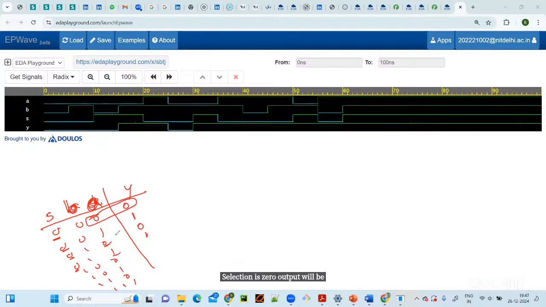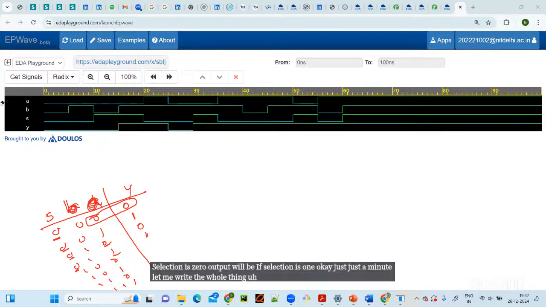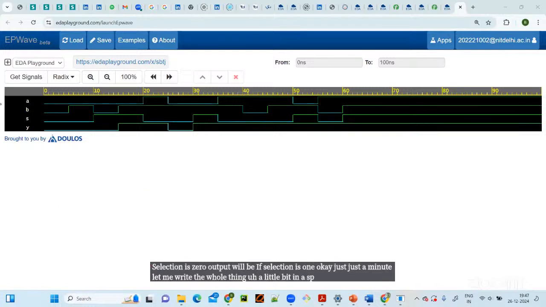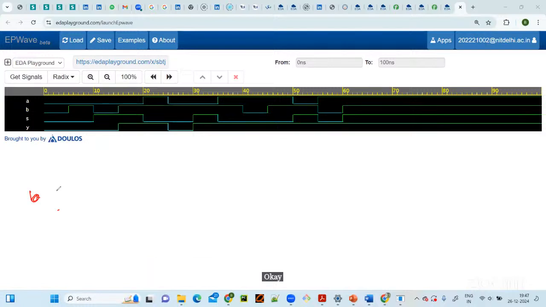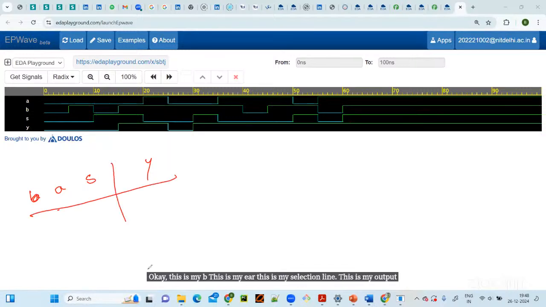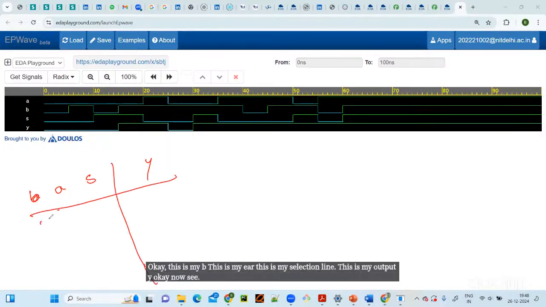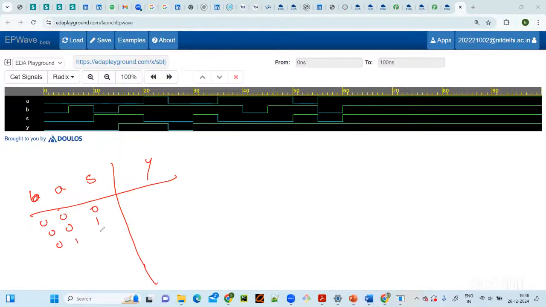If selection is 1, okay, just a minute. Let me write the whole thing a little bit in a spacious way. Okay, this is my B, this is my A, this is my selection line, this is my output Y. Okay, now see. Still space is not sufficient.